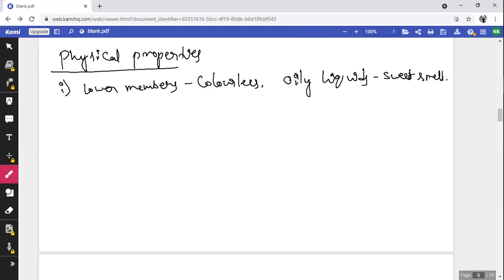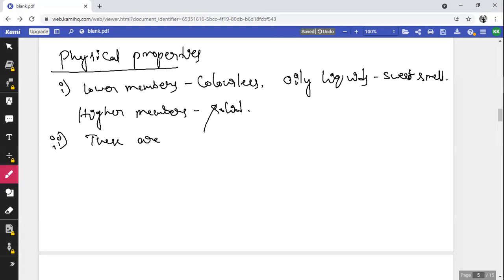Generally higher members exist in the solid state. And one more important physical property is that these dihalides are heavier than water.